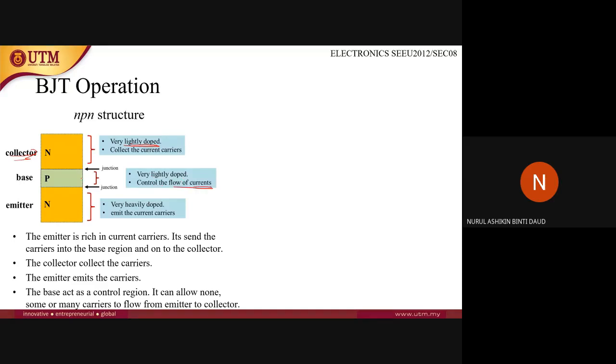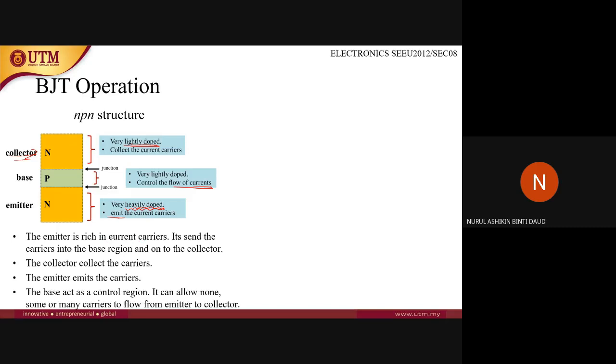And then the N region at the emitter is quite different compared to the collector. It is a very heavily doped region, and it emits the current carriers. So the emitter is rich in current carriers.